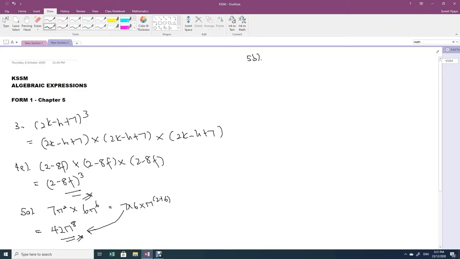So question B, we have 5xy to the power of 3 times negative 2x to the power of 4y. Similarly, multiply the numbers first, 5 times negative 2, then for the variable x, multiplication means you add the powers, 1 plus 4, then for y, 3 plus 1.